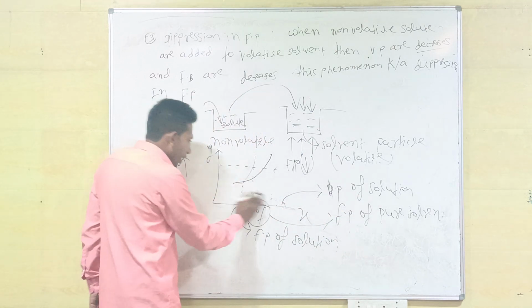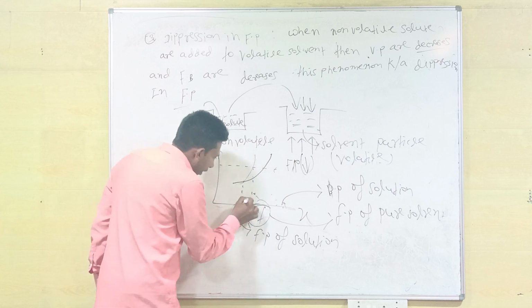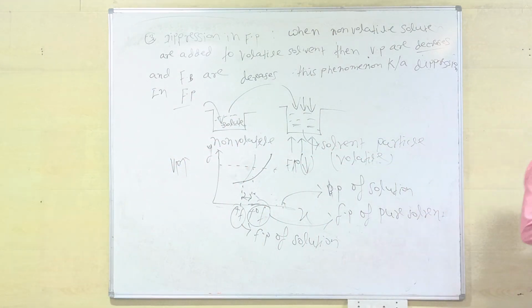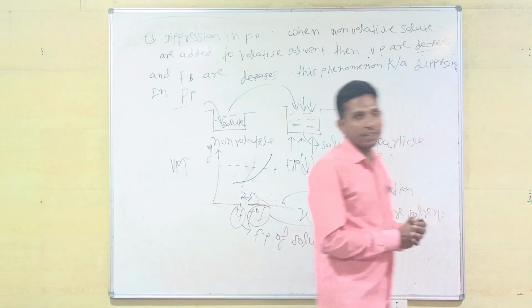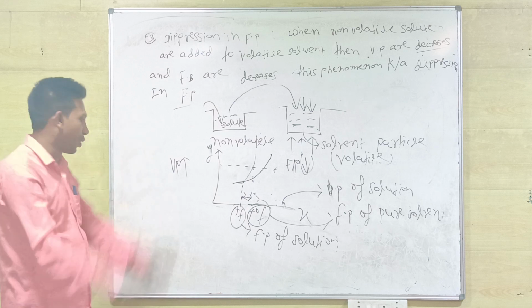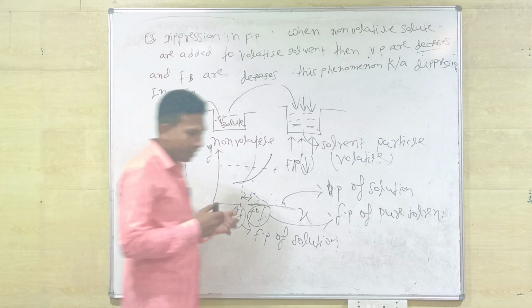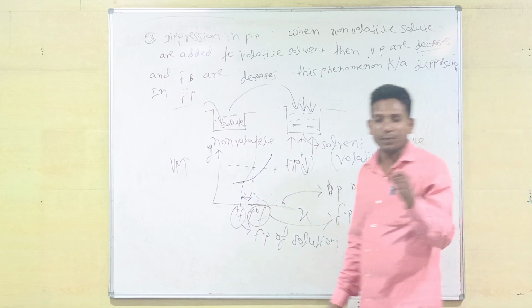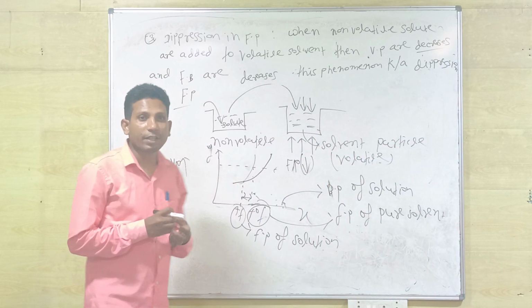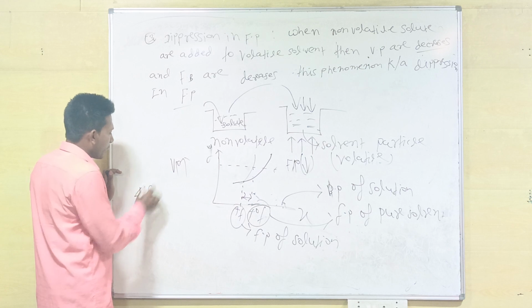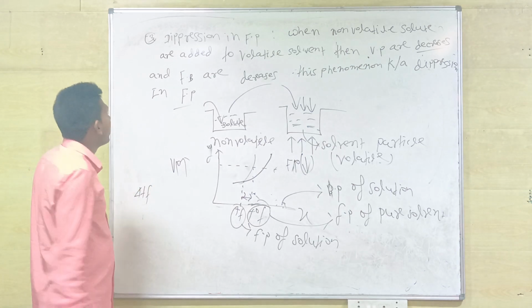Again, listen here. There is some difference in temperature, and that difference is known as depression in freezing point, represented as del Tf.